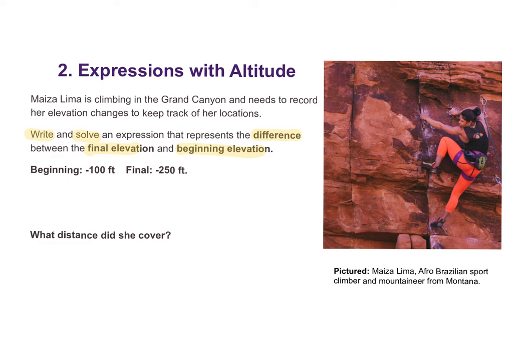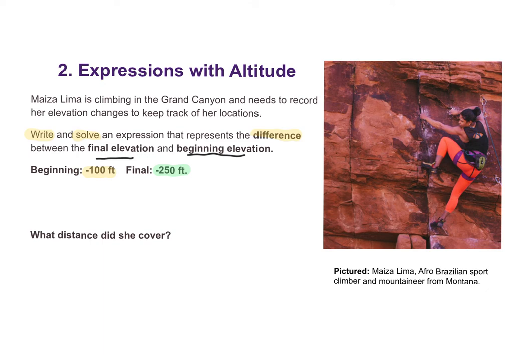It's helpful to highlight or underline the specific clues that are telling you what a question wants you to do. And when we're talking about subtraction, it is really important to pay attention to what comes first in a sentence. If we're being asked the difference between final elevation and beginning elevation, we need to make sure that the final elevation is first. So for example, if Maisa's beginning elevation is negative 100 feet and her final elevation is negative 250 feet, and we are looking for the difference between the final and the beginning, the final comes first.